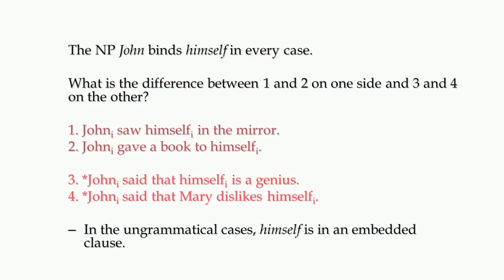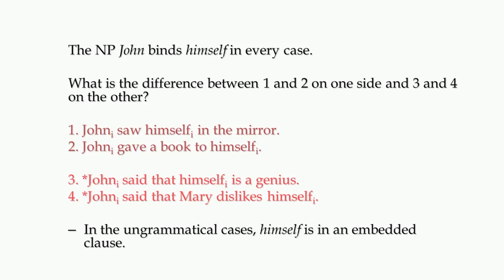Again, what explains this? So, what is the difference between sentences 1 and 2 on one side and sentences 3 and 4 on the other? John saw himself in the mirror is grammatical. John gave a book to himself is also grammatical.